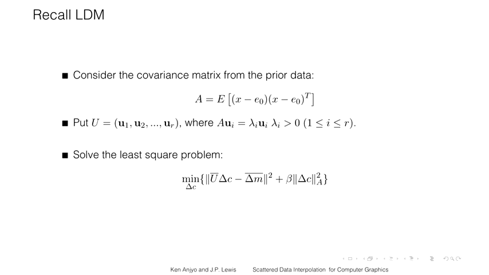For non-zero eigenvalues, we suppose that we have u_1 to u_r, the eigenvectors that have positive eigenvalues. And we define a new, somewhat smaller matrix from the covariance matrix, denoted in the second line. And we get a learned direct manipulation result by solving the minimization problem in the third line.